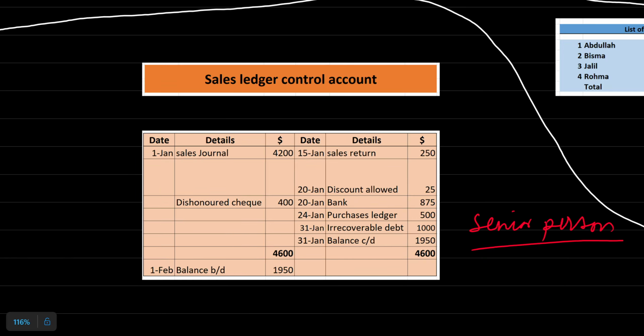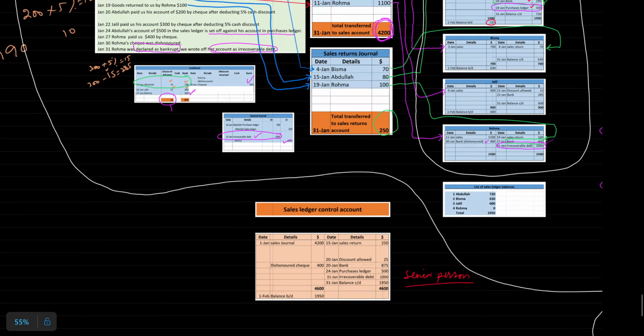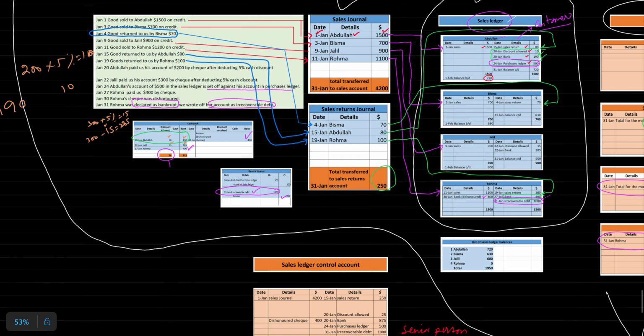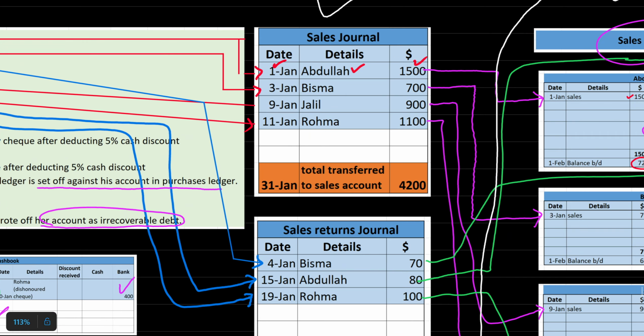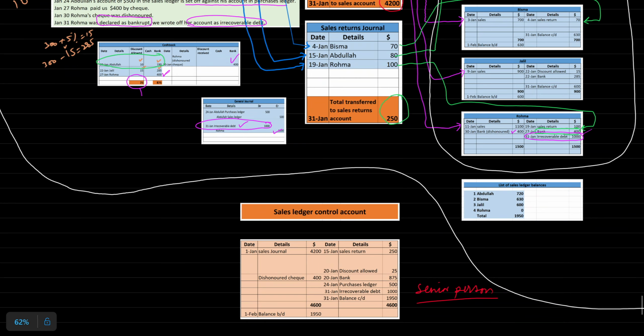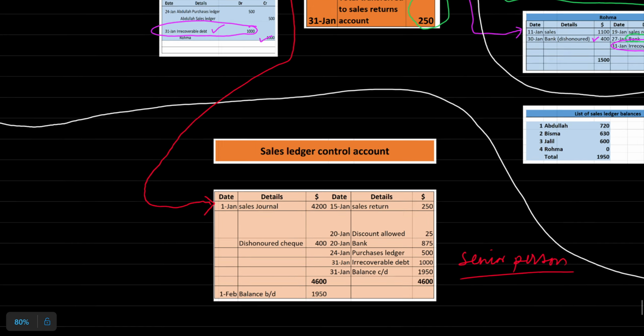How to prepare this control account? We have this sales journal. Sales journal total is 4200. This will be posted to the debit side of the sales ledger control account.